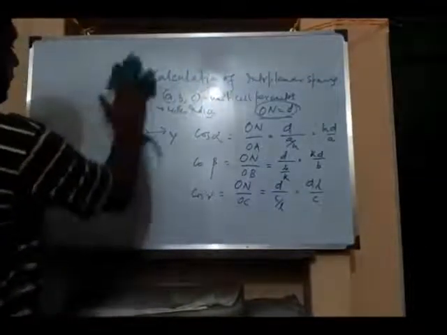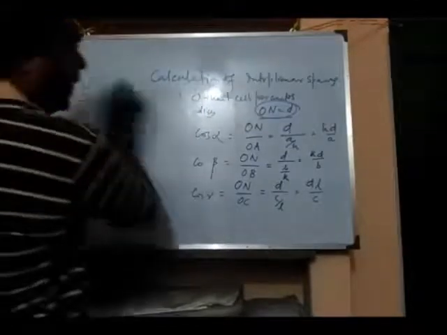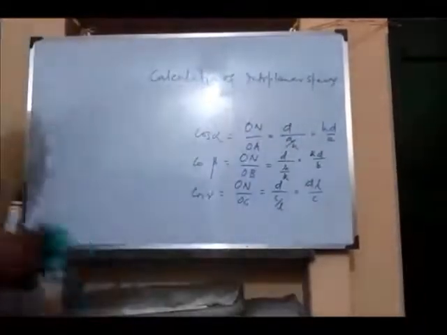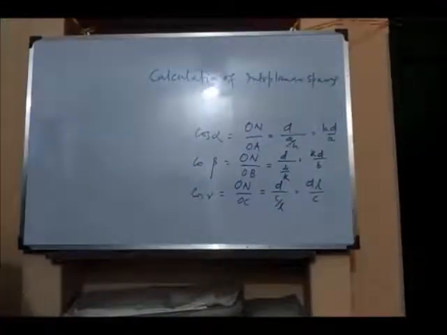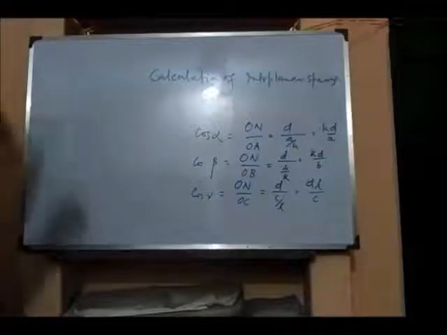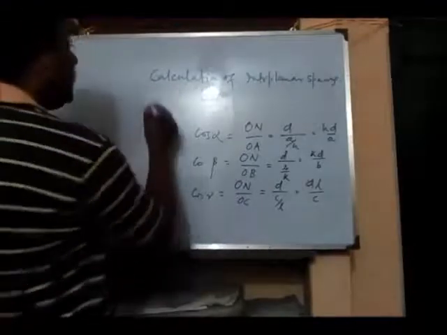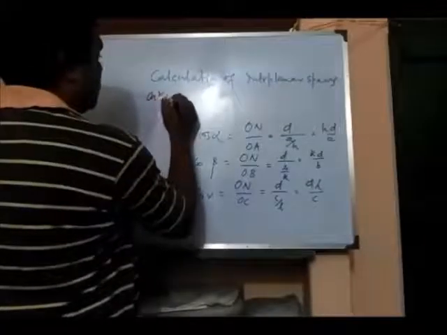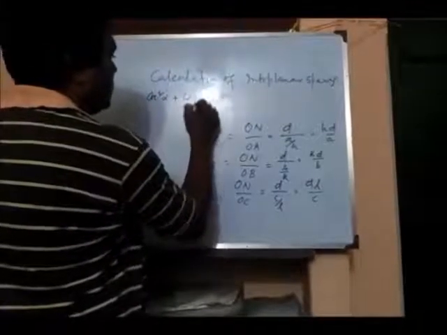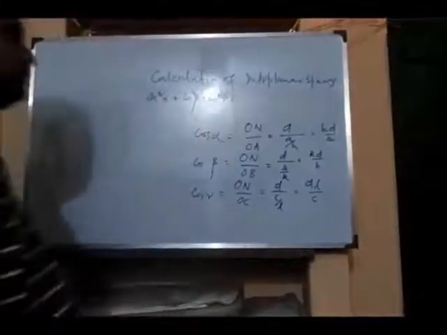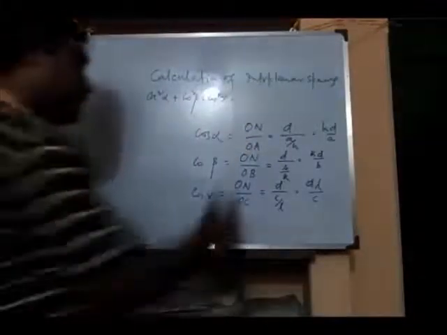Right? Now, as these three are the direction cosines of that particular axis or plane, I can say that cos square alpha plus cos square beta plus cos square gamma must be equal to 1.